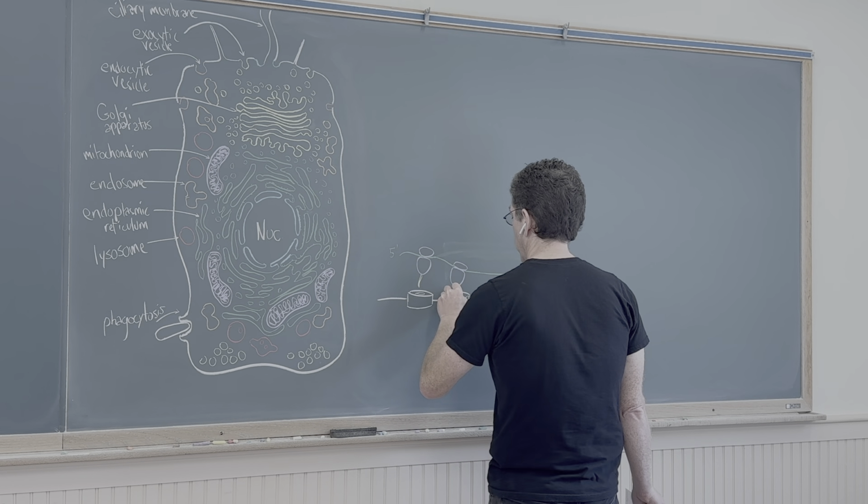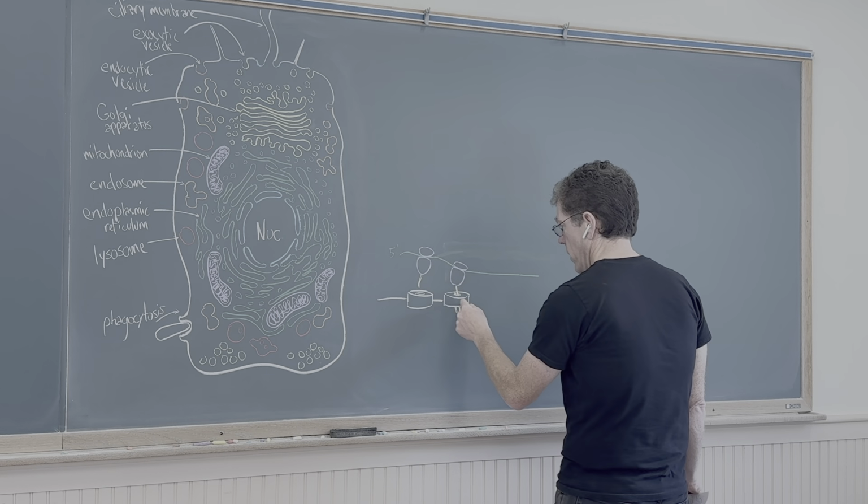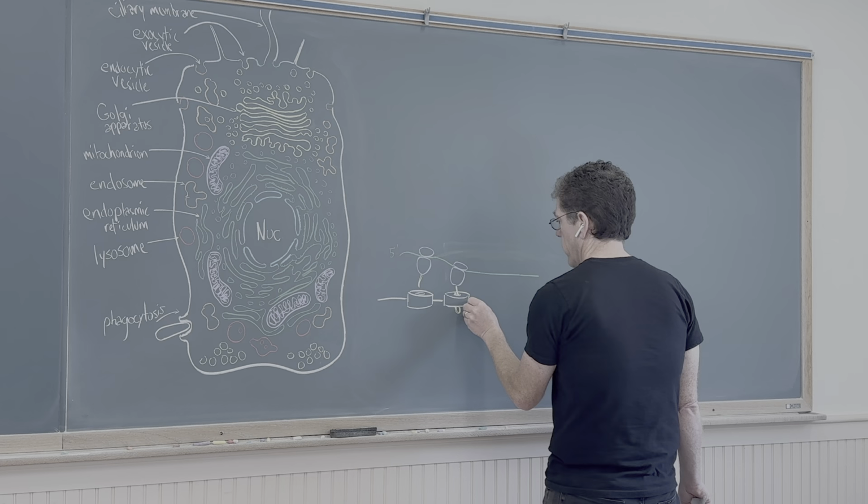In fact, that little N-terminal bit is turned around in there, and this protein, as it grows in the ribosome, is fed through the channel.